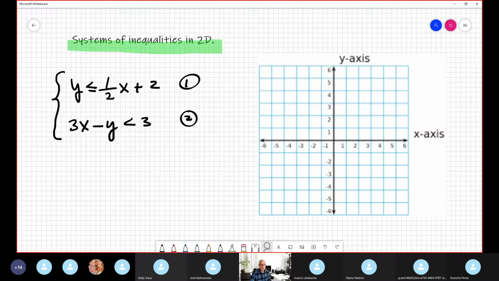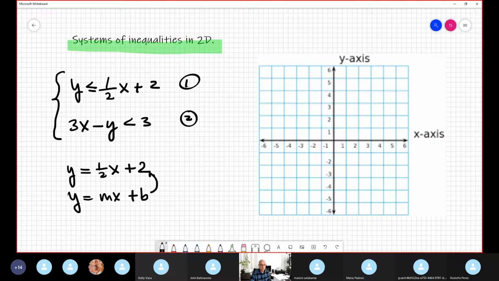Okay, so let's do it. Remember, we are doing the inequalities one by one. For the first inequality, you write the related equation: y equals 1/2 x plus 2. And you draw the line of this in the plane. Y is equal to mx plus b.